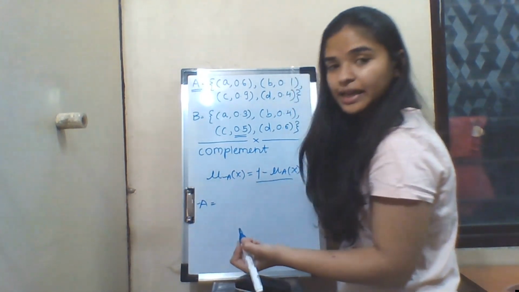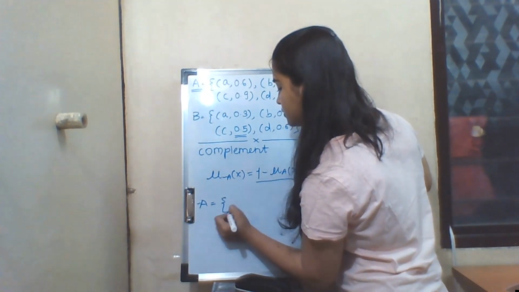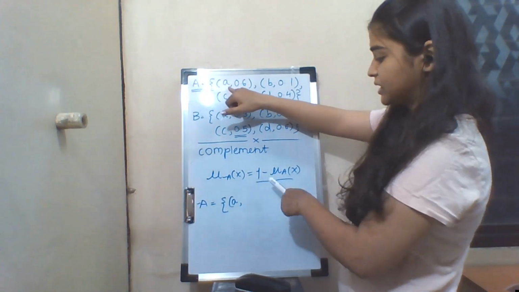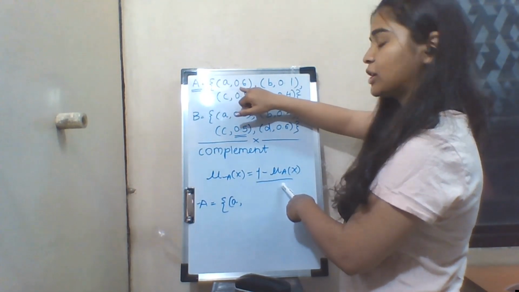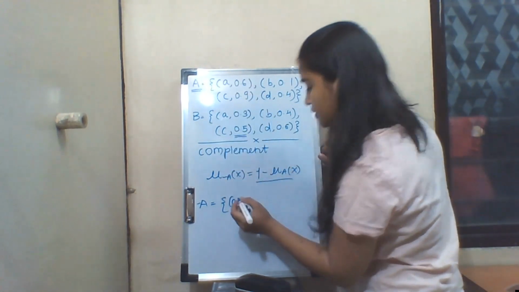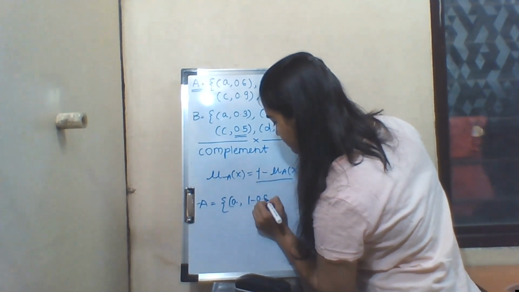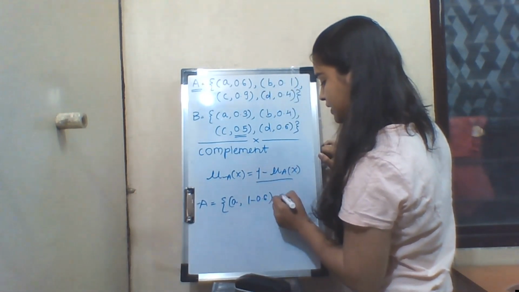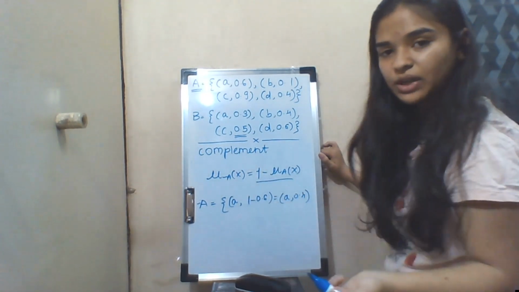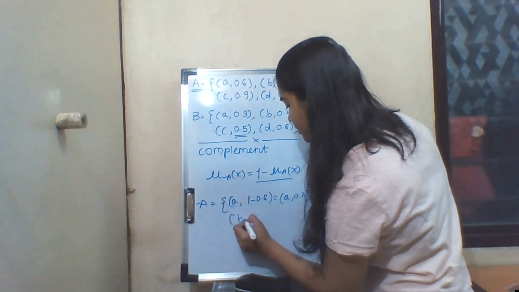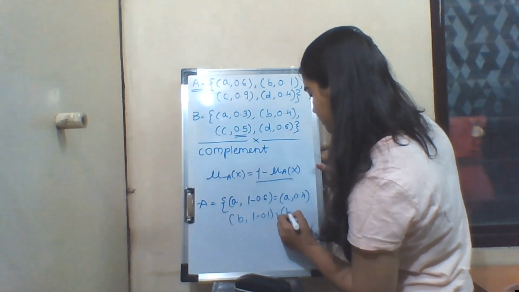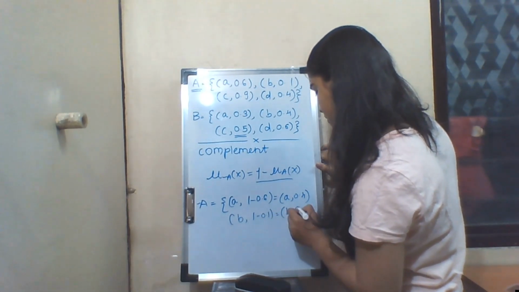Complement of set A is A, comma. Now we have to perform the operation on the degree of membership: 1 minus mu of A, which is 1 minus 0.6, which means A, comma 0.4. Similarly, we can calculate the same for all other elements. B, comma 1 minus 0.1, which is B, comma 0.9.